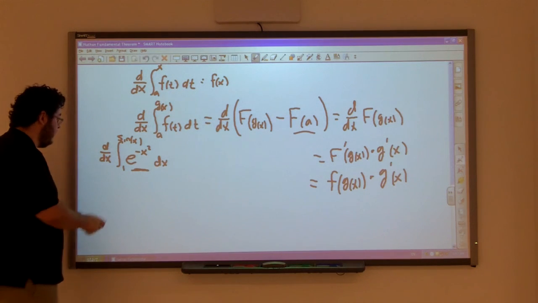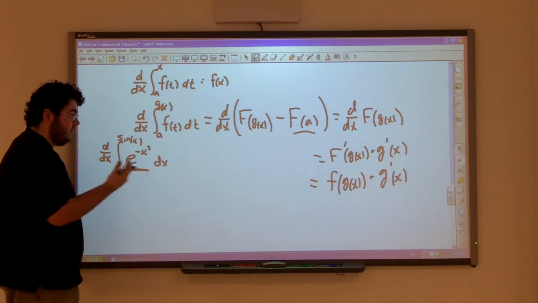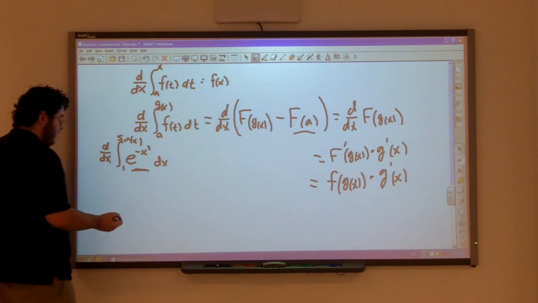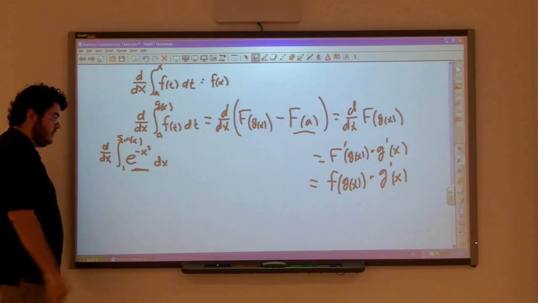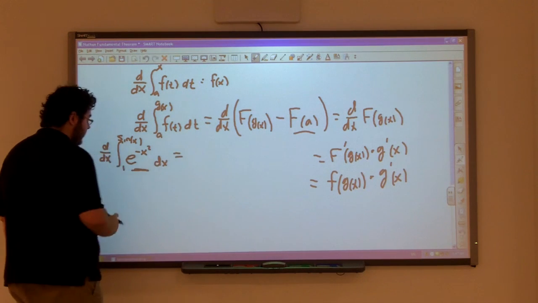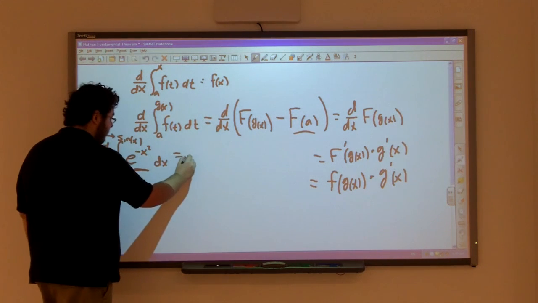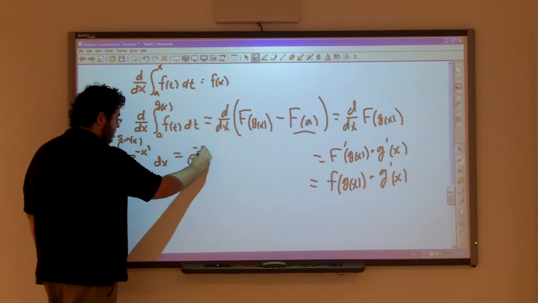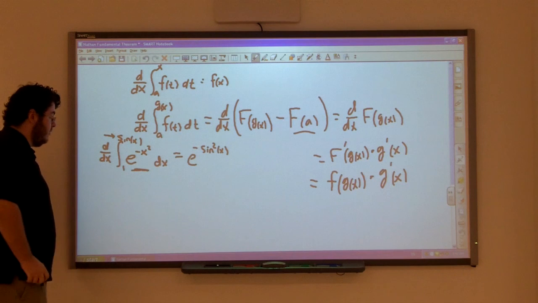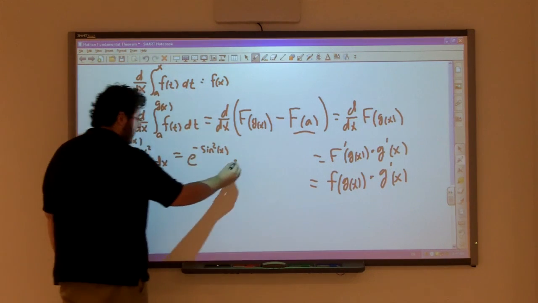However, since we're taking the derivative of this integral up to a function, what you need to do is just look at the fundamental theorem of calculus. When we see this, we can immediately say, well, we don't know what the antiderivative of that is. It's really hard. But we can say that all it is is this function evaluated at this function. So we have e to the minus sine squared of x. And then we just have to multiply by the derivative of the inside function, so times the derivative of sine of x.